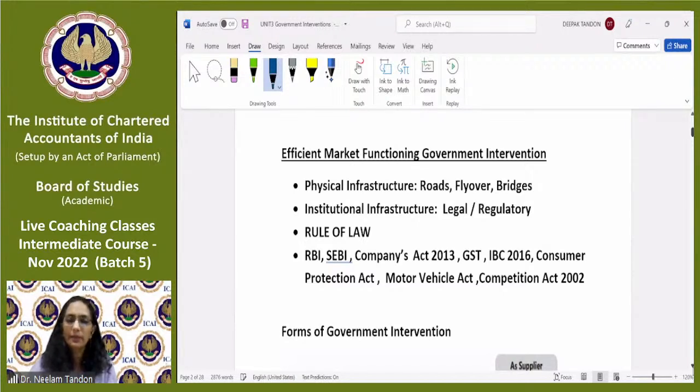You have GST, Goods and Services Tax. You have the Insolvency and Bankruptcy Code, 2016. We have the Consumer Protection Act. You have the Competition Commission Act. Then you have the Motor Vehicles Act. If these were not taken care of by government, do you think people would have got relief in case of adversities?